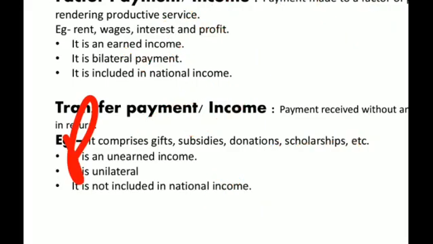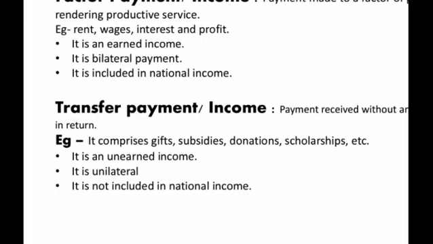So in simple words, when money is given or received in lieu of work done or service given, then it is called factor payment. When we give or receive money in return for doing some productive service, it will be called factor income.